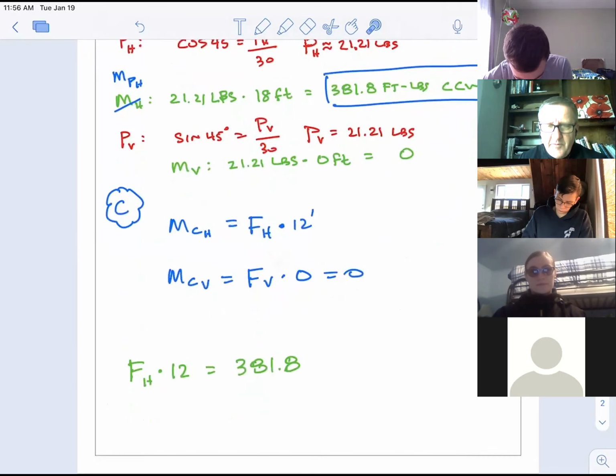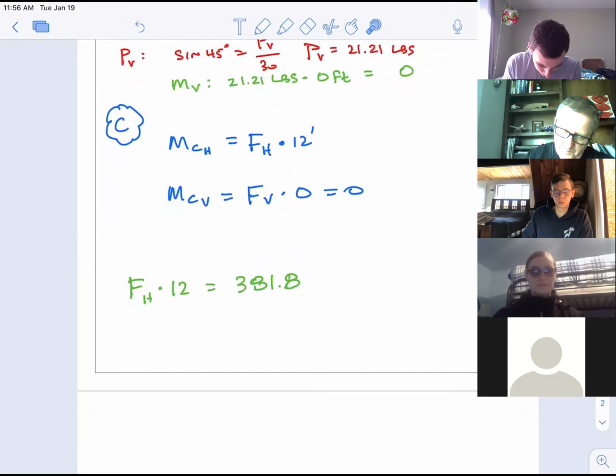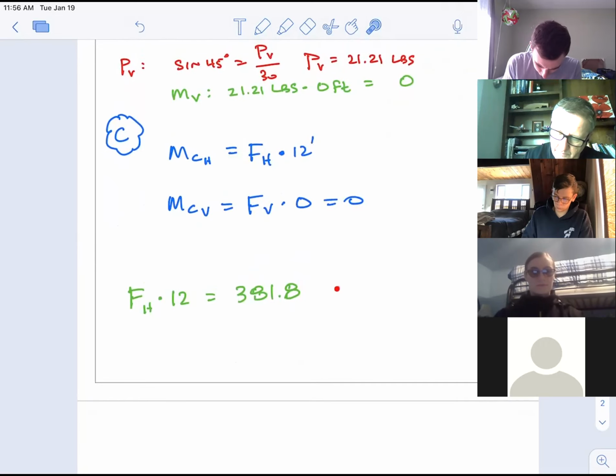If you want to add them, one would be positive, one would be negative, and they would add to 0. Or in my case, if I label them as clockwise and counterclockwise, then they just both need to be equal. So based on that algebra equation, all I have to do is divide 381.8 by 12. And I get 31.82 approximately.